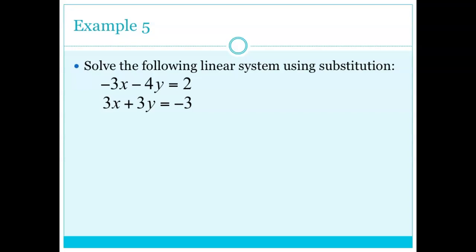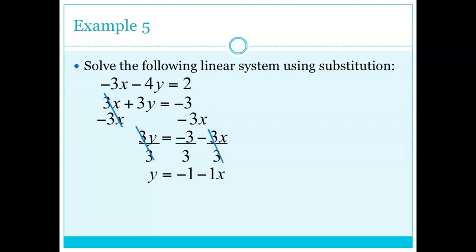Let's say we decide to use the second equation, and let's say we're going to solve for y. So in the second equation, I'm going to subtract 3x from both sides. So I have 3y equals negative 3 minus 3x. Get y completely by itself by dividing both sides by 3. So we have y equals negative 1 minus 1x.